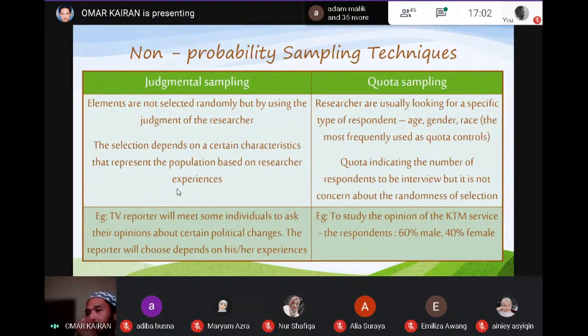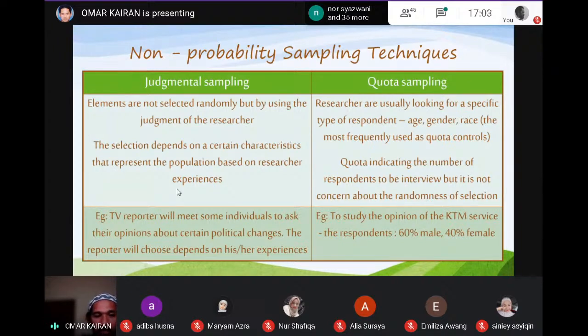Looking at this person's behaviour, you can judge that this person is suitable to be selected as a sample. It depends on the researcher. Usually the judgment is made by an expert, a researcher who is already an expert.